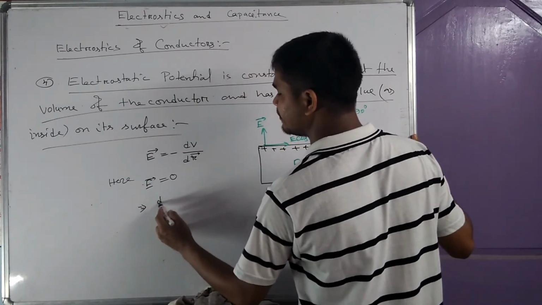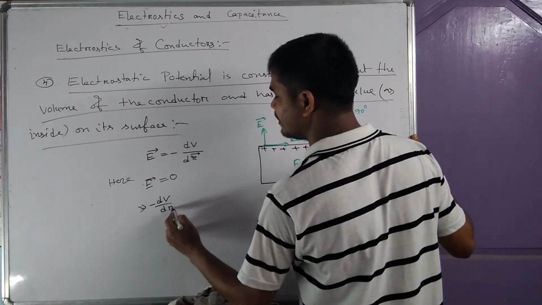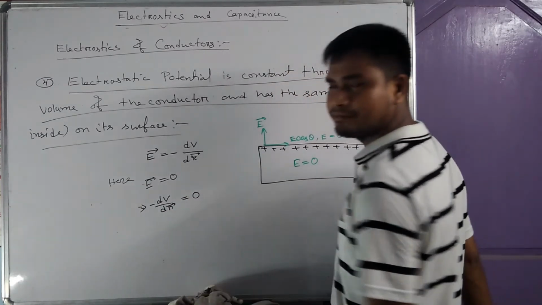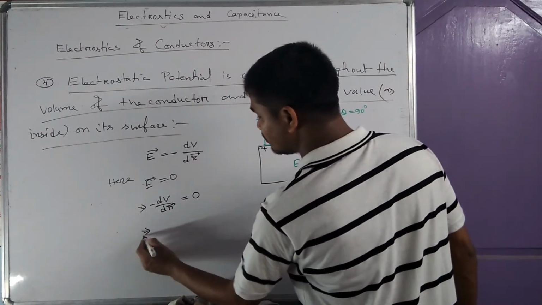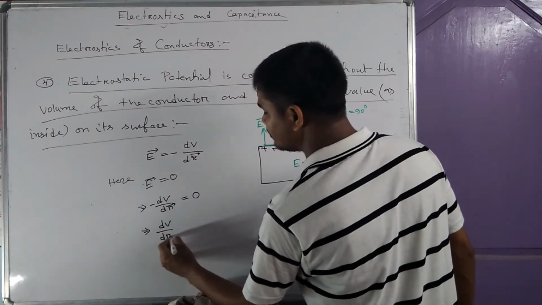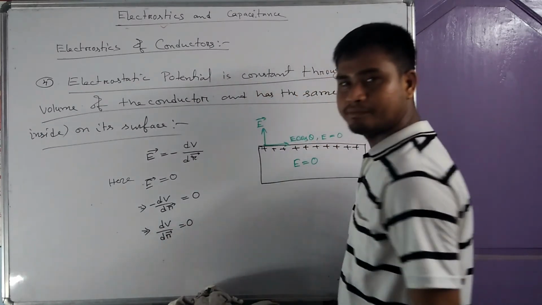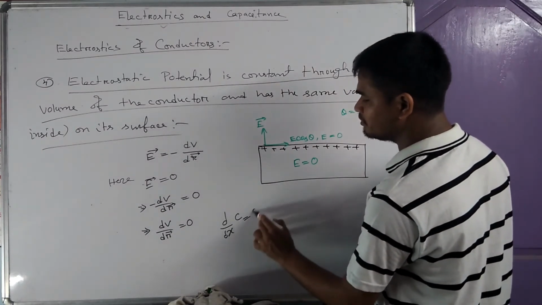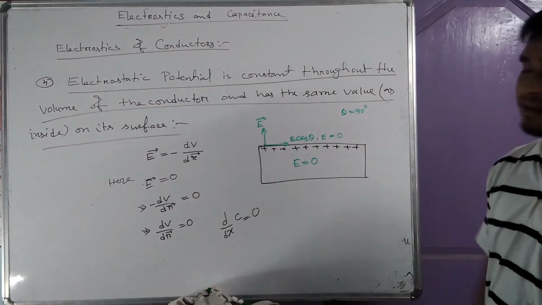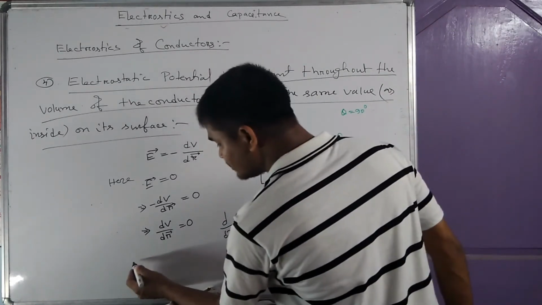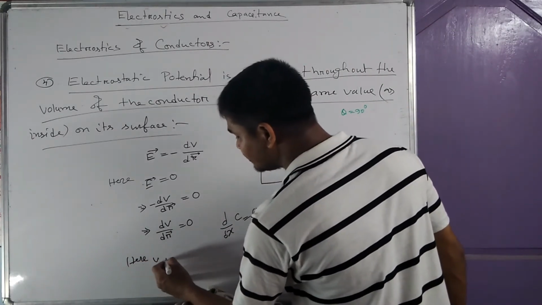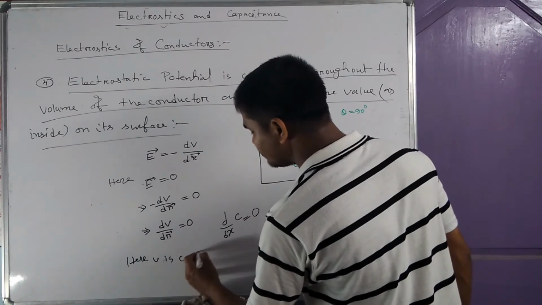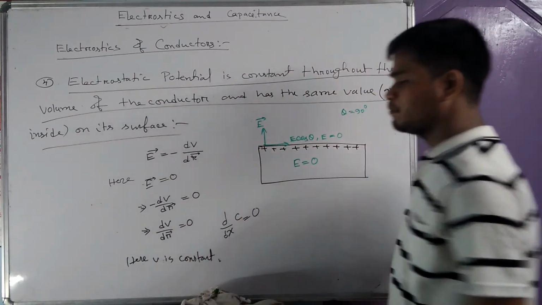That is, minus dV by dr is equal to 0. That is, dV by dr is equal to 0. We know that the derivative of a constant is equal to 0. Here, phi is constant.